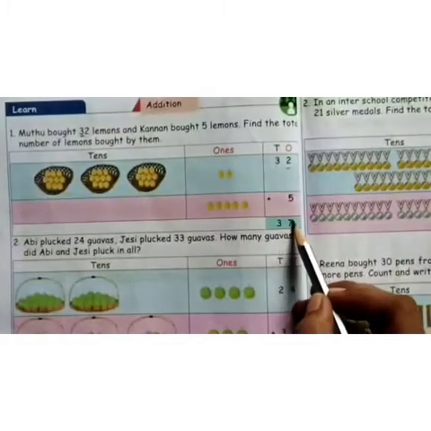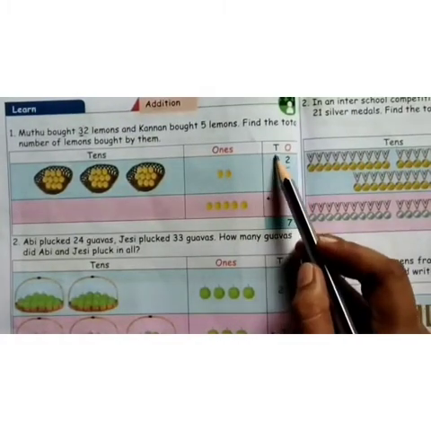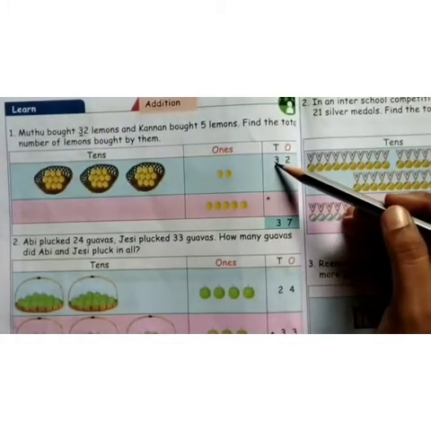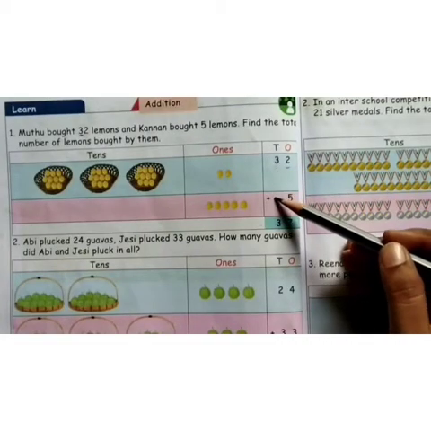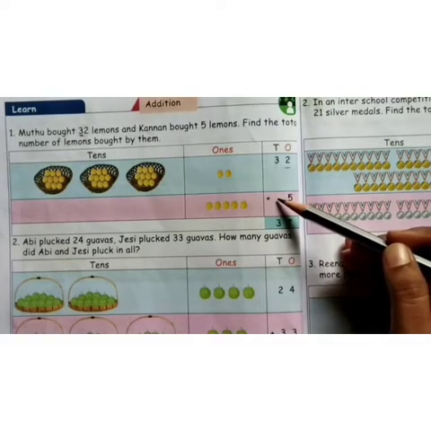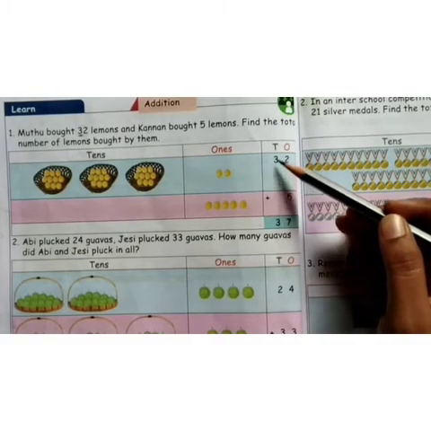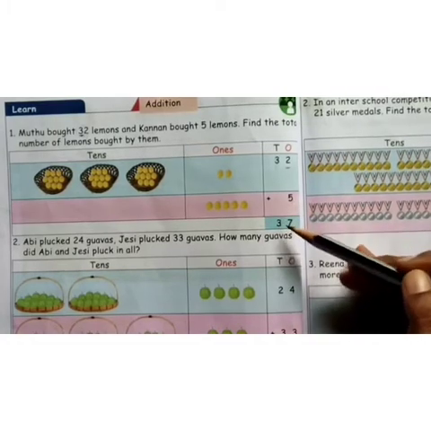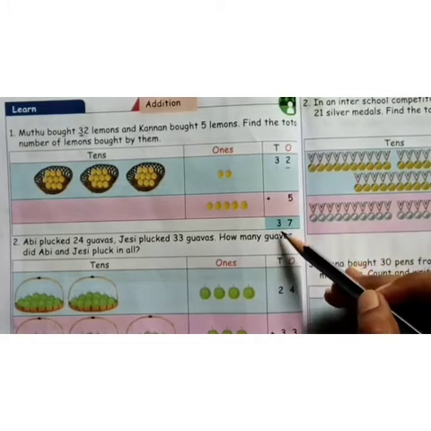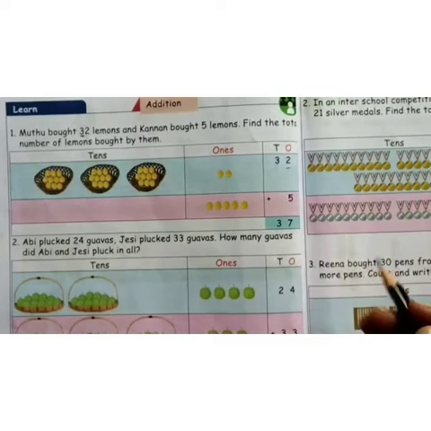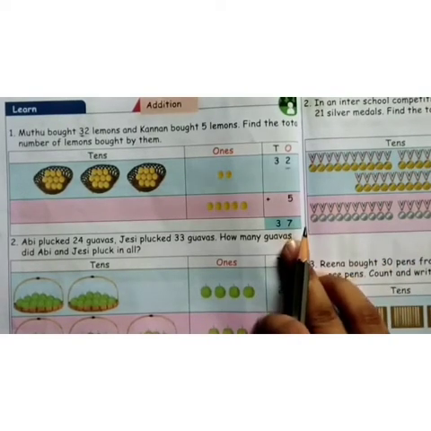So they have given 7. Next, move to the tens place. In the tens place we are having 3 alone. In this place we don't have any number, that means 0. Okay, it is fine even if you don't write 0. Before, they didn't give any number, so 3 is written as it is. So the total number of lemons is 37. Muthu and Kannan have totally 37 lemons.